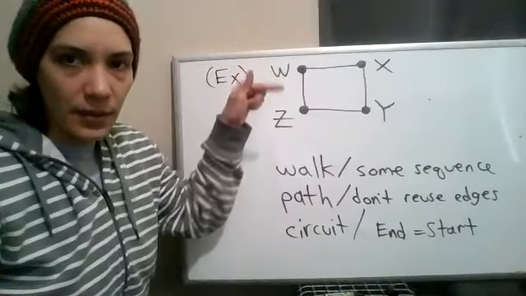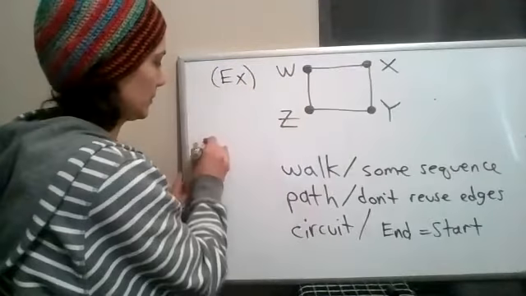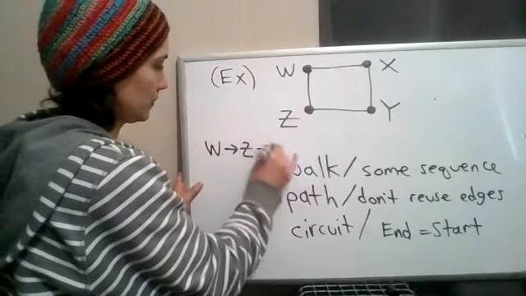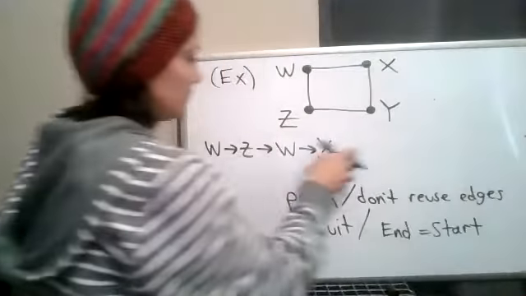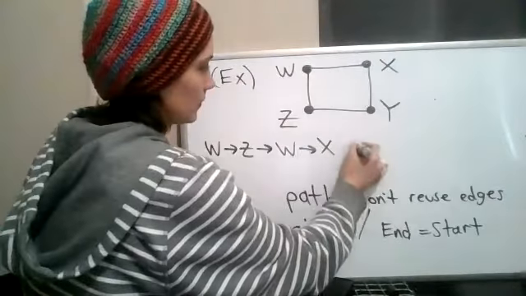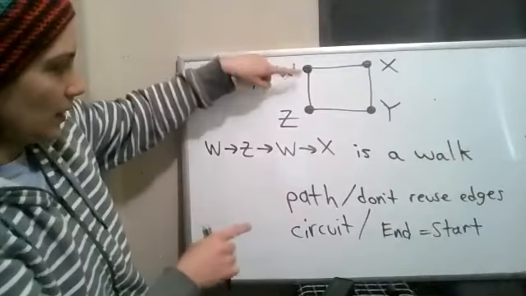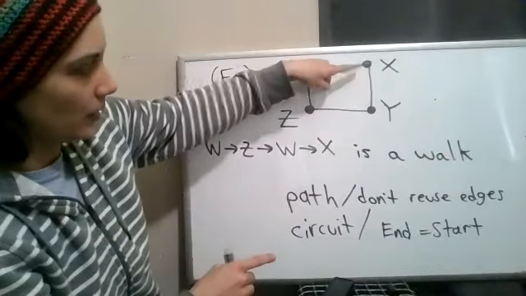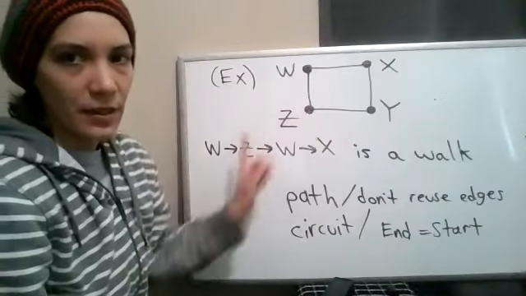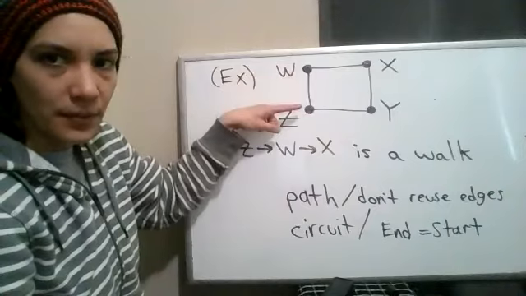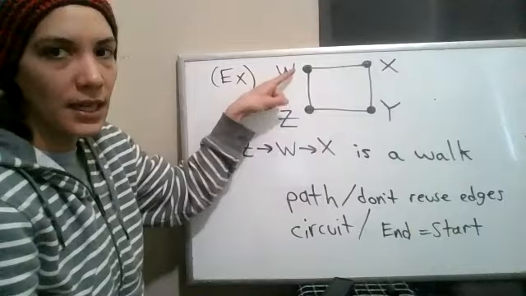We'll go W, Z, let's go back to W and over to X. Here, here, back, and over. So that works out. However, I can't call that a path because we've gone over this edge more than once. But if I went Z, Y, X, W, that's a path.